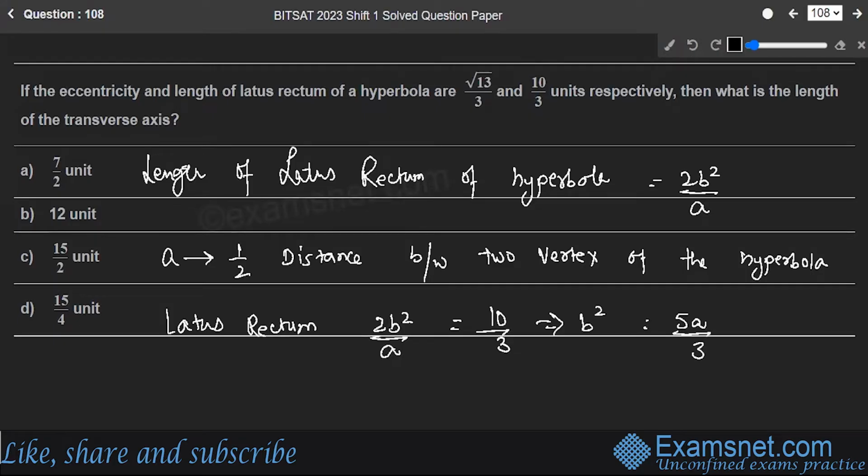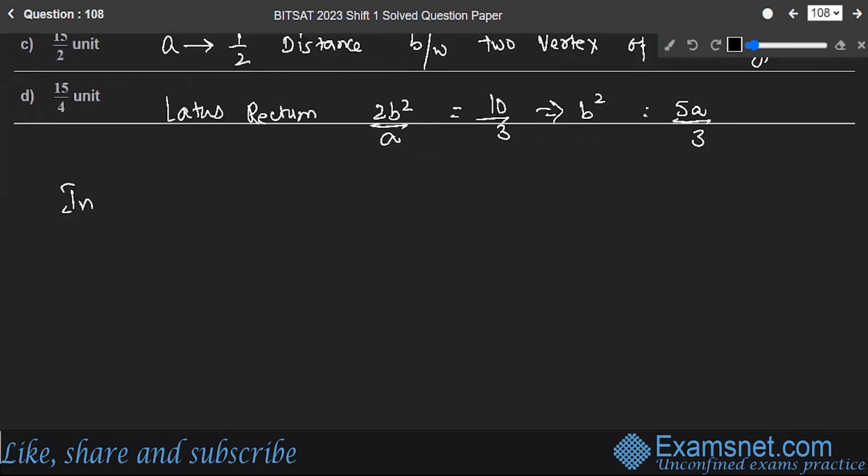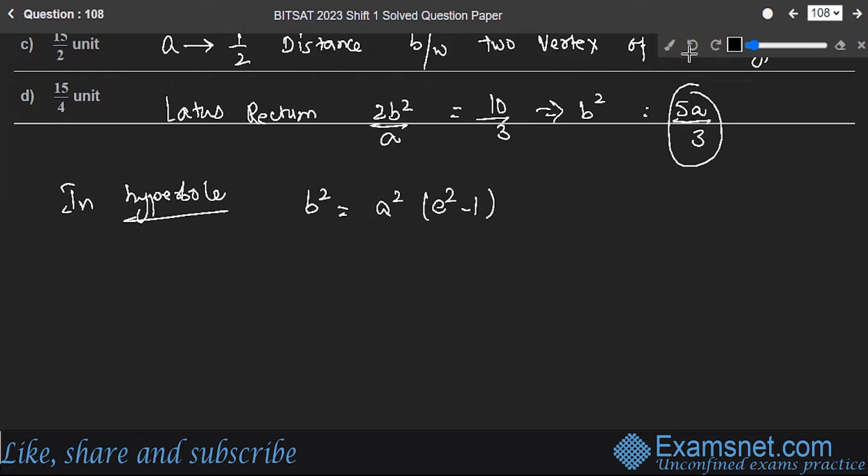In case of hyperbola, b square is equal to a square into e square minus 1. So putting the value of b square, which is this, you have 5a square upon 3 is equal to a square into.